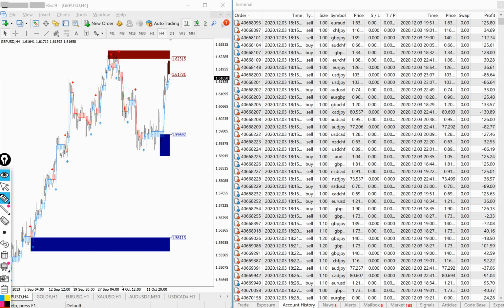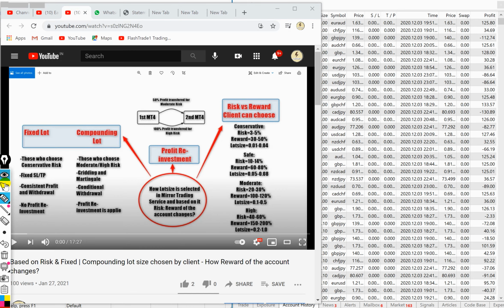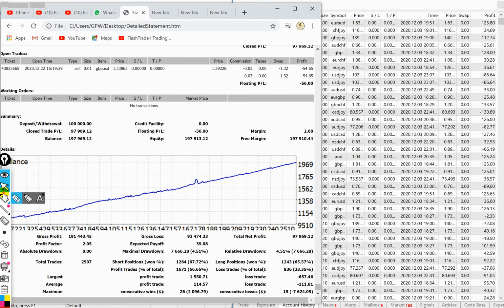Let us check the statement of this account, where we have already seen the relative drawdown on the account is 4.5%. The total trades placed on the account is 2505, where 1671 trades are in profit and 836 trades are in loss.